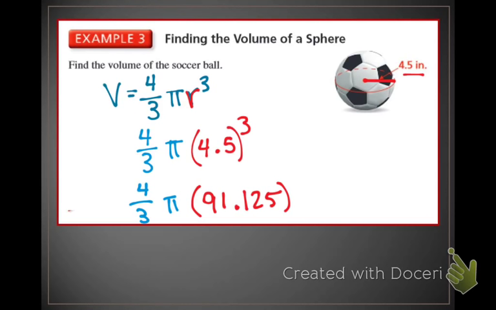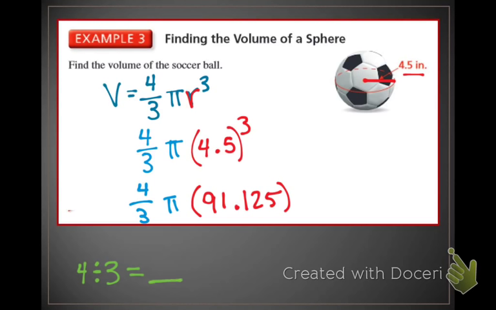So what I would type in first, I would clear it. I'd write it down like this. I would type in 4 divided by 3, and then I hit the equal sign. Keep it in your calculator, whatever number you get.